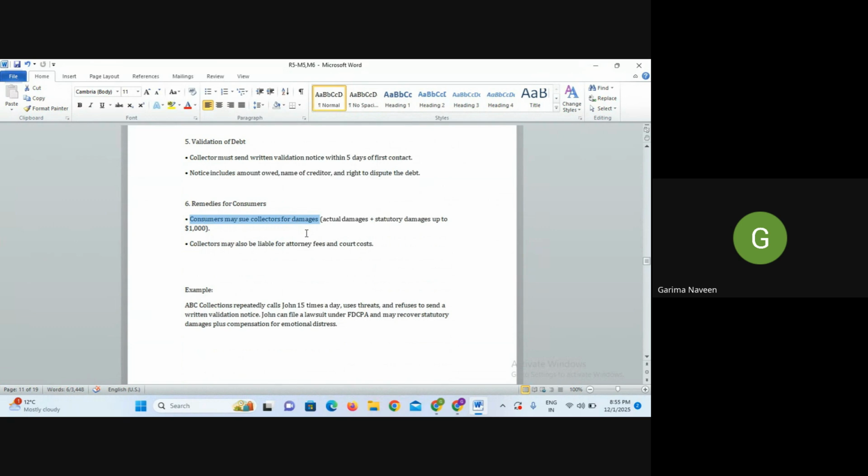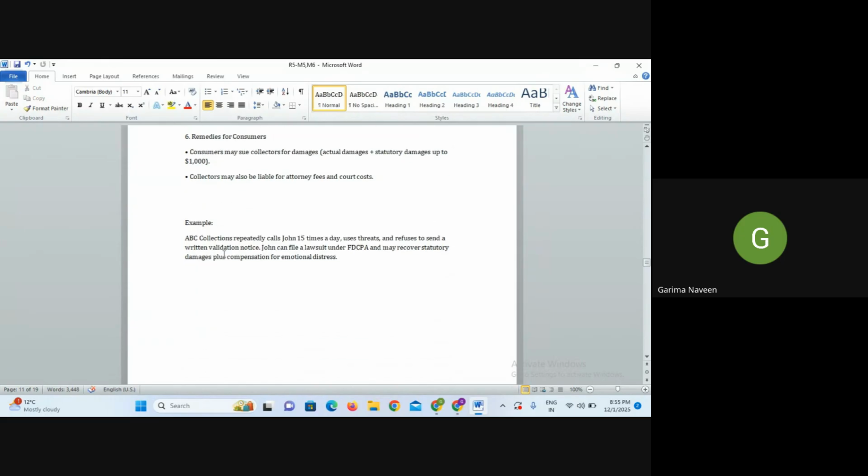So what remedies are available to the consumer, meaning the debtors? They can sue the collector for damages. If the collector has caused them damage, they can recover this amount back. The collector is also liable for attorney fees and court costs, so these expenses can also be claimed from the collectors.